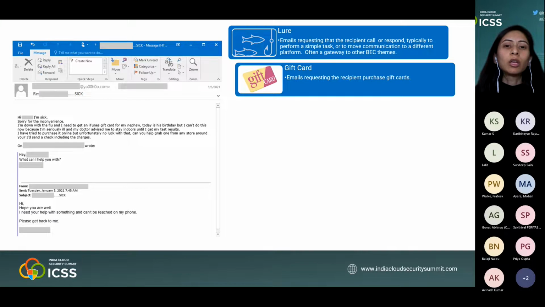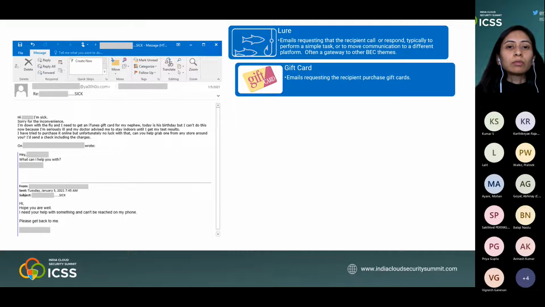The second category we've seen is the gift card type of BEC theme. Here the emails mainly request the recipients to go and purchase a gift card. For various reasons, they'll make it look like this is something they cannot do themselves, or they're traveling and want to purchase a number of gift cards for their team.